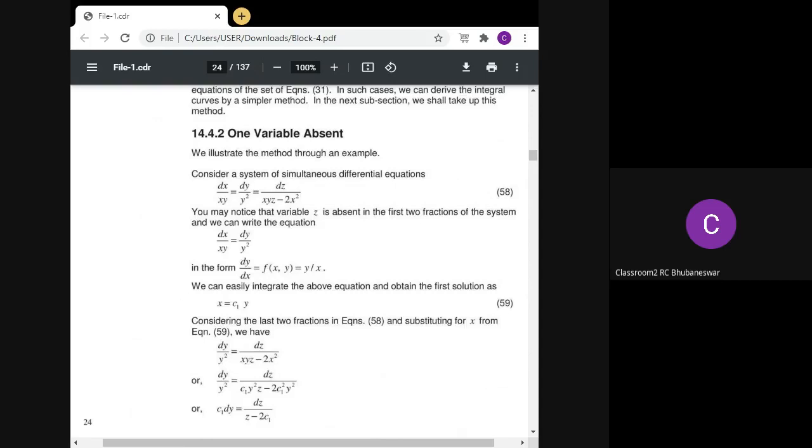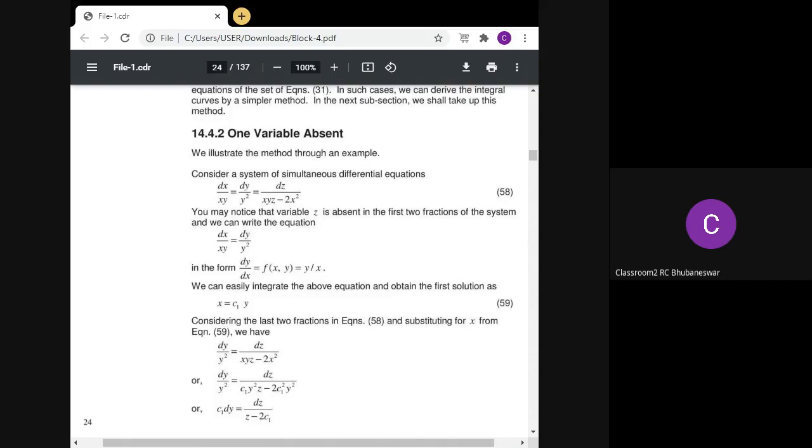So look at the first two fractions: dx by xy equals dy by y square. Here the expression is dy by dx equals f of x, y, that is y by x. One of the y's can be cancelled in the denominator, so dy by dx can be represented as y by x.